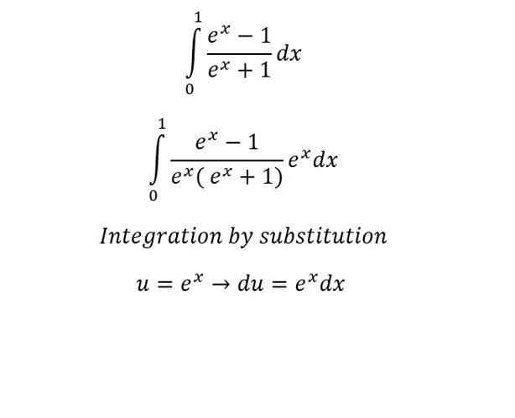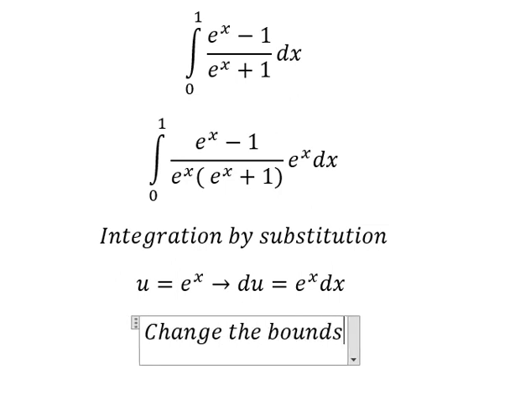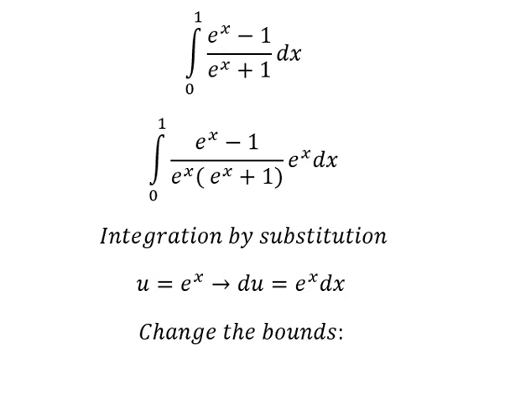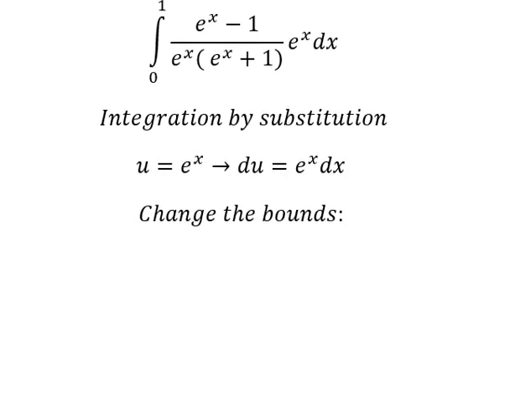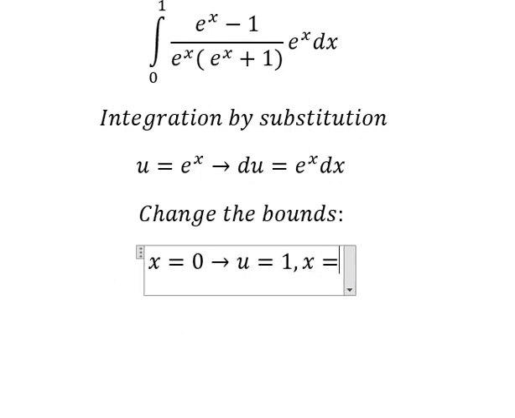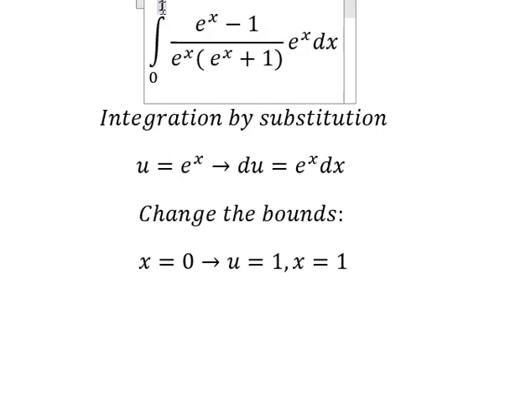Next, we need to change the bounds. So when s equals number 0, that is from here. We put number 0 in here, and we have u equals number 1. When s equals number 1, that is from here.